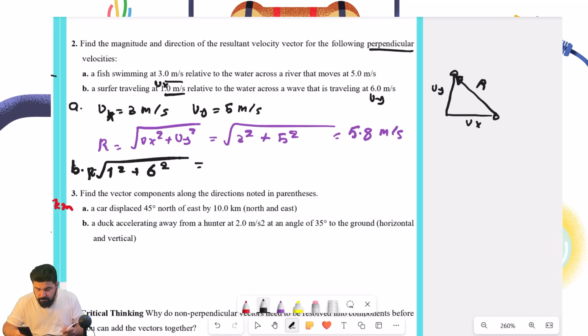We have the square root of 1 squared plus 6 squared, which is 6.08. So we have 6.08 meters per second. Okay, this is the resultant vector.